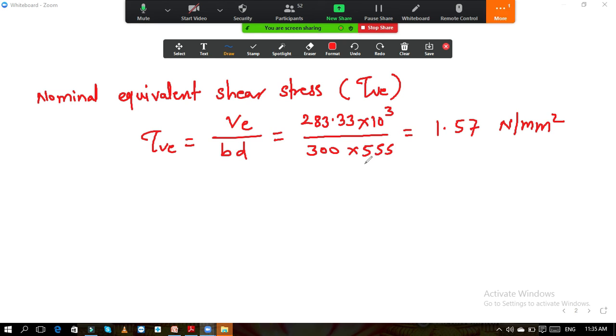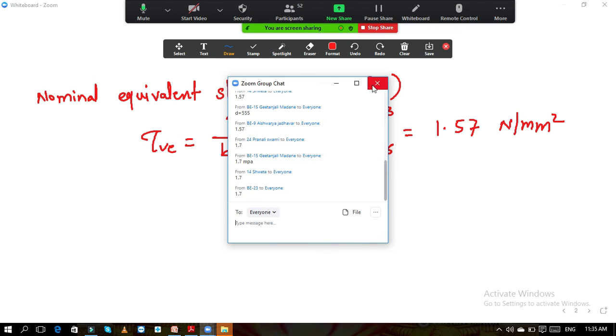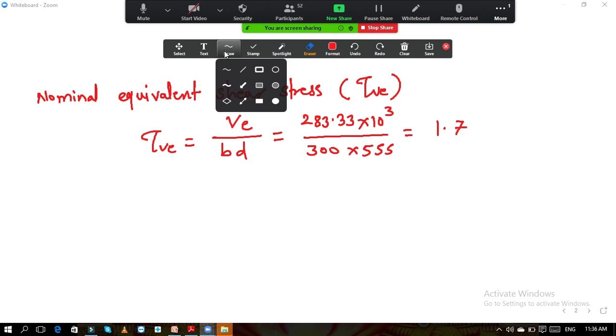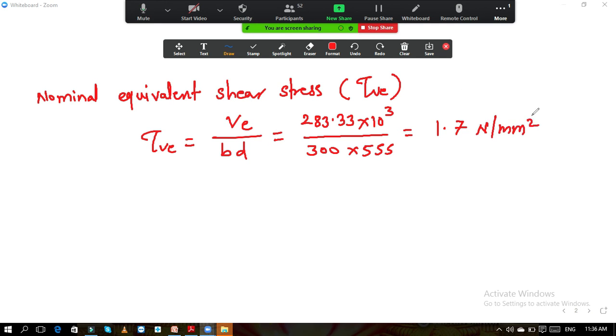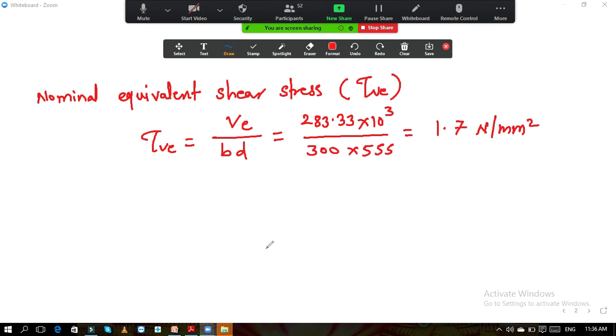It should not be like that. You should take 555. Okay, 1.7 is the right answer. I will correct it here. So our answer is 1.7 Newton per mm square. Now is it right? 1.7. So it is 1.7 Newton per mm square. This is the answer.